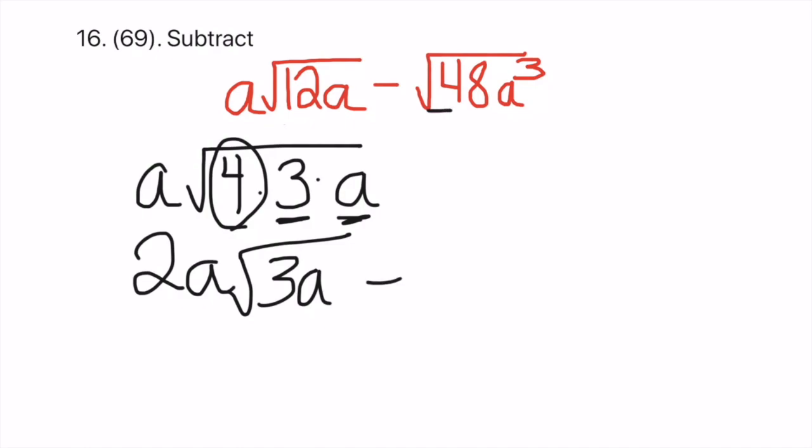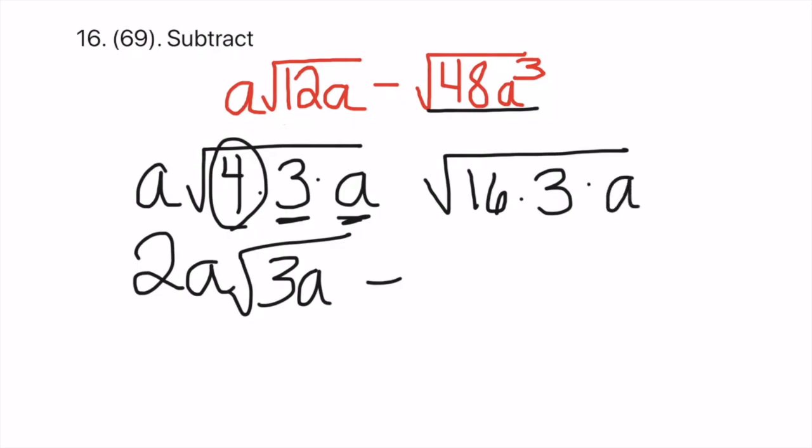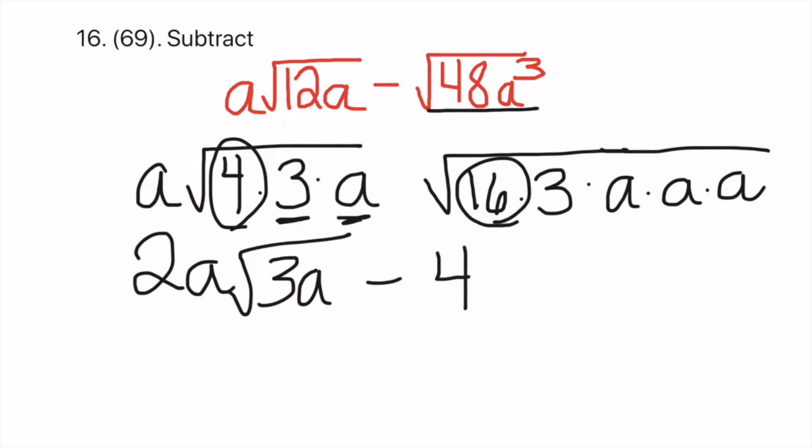Now let's move over to this one. You could find the prime factorization of 48, or if you already know one of the factors of 48 that's a perfect square, you can just jump straight to that point. So I know that 16 times 3 equals 48, and 16 is a perfect square. And then I have 3 a's. So this is a perfect square, that's a 4, so I'm going to pull that out.